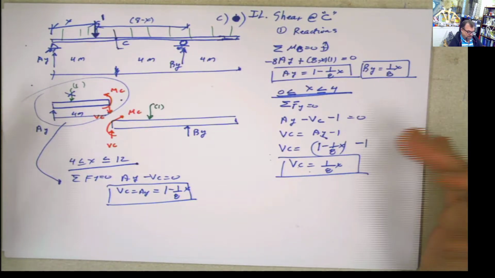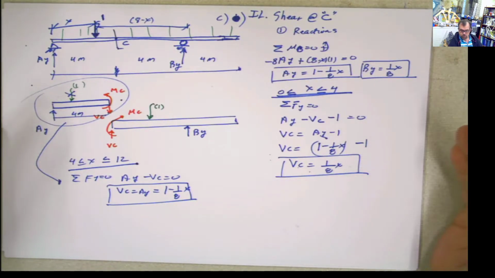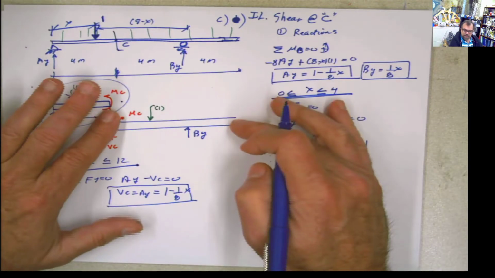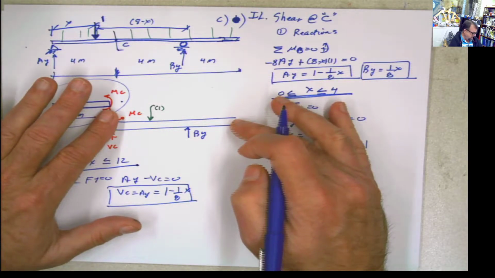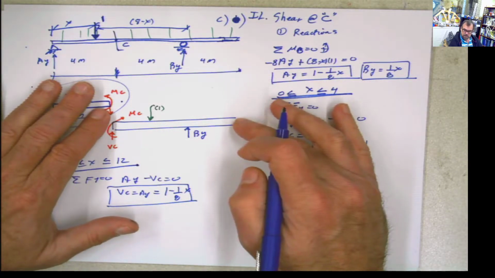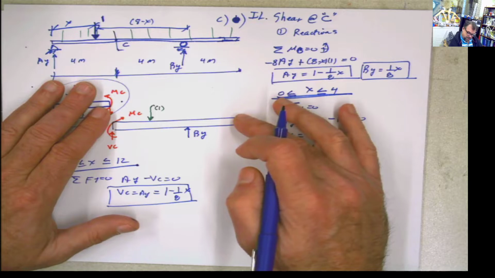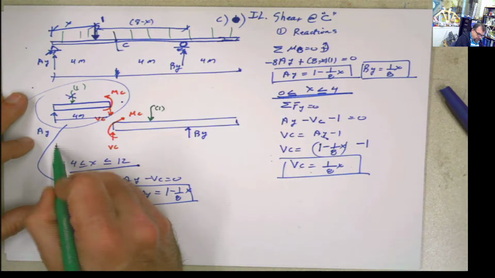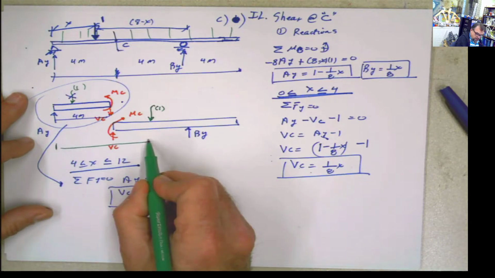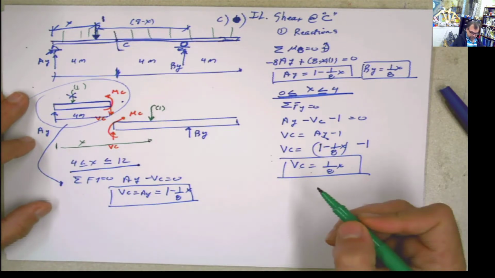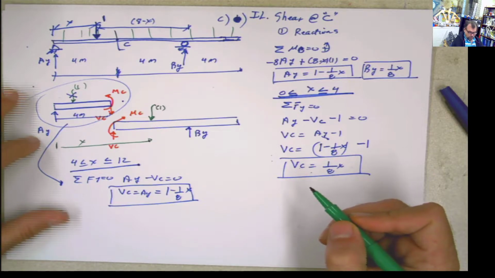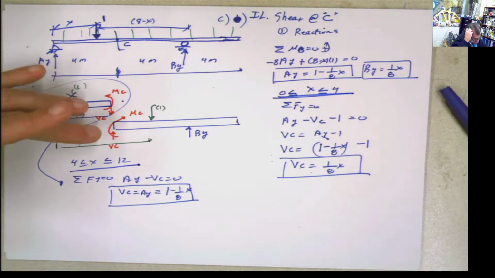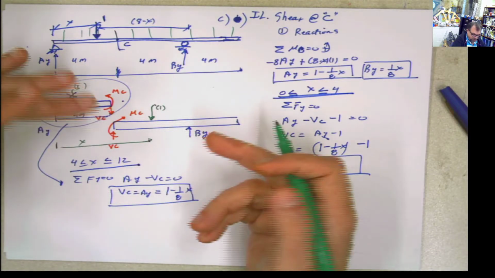Now what is the not very smart approach, but it's a valid approach also? Using this side to calculate the shear. But if you use this side, then you have to imagine that from this point to there is going to be x, and then you have to do, well, actually in this part it's not gonna be so much of a difference.